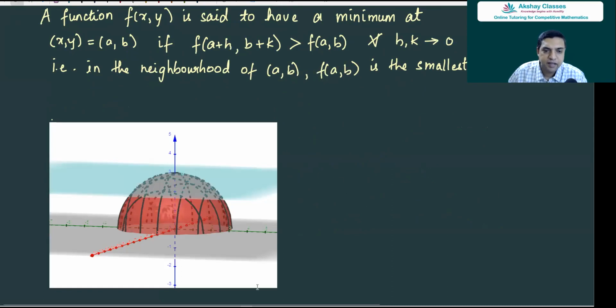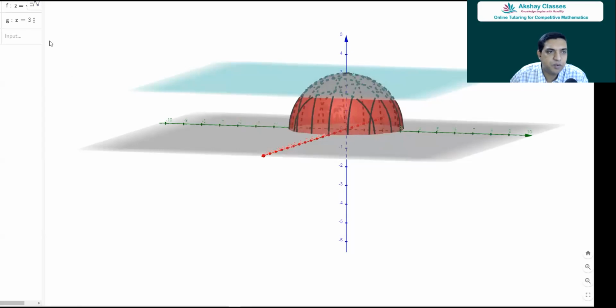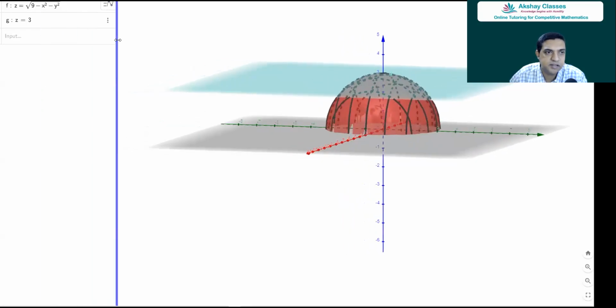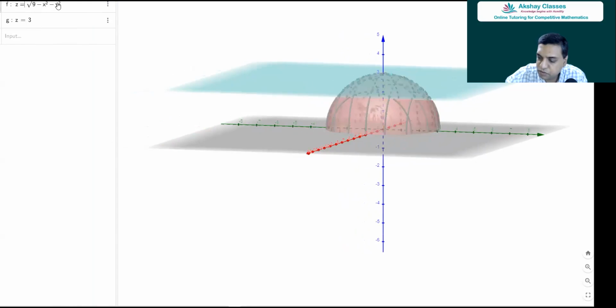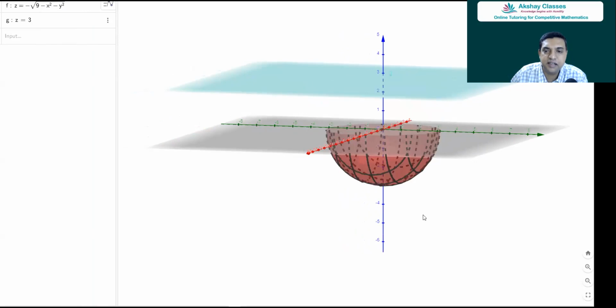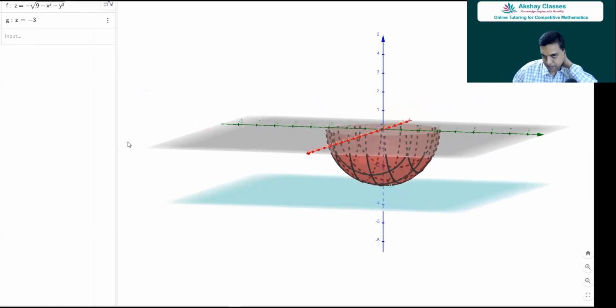Next, the same expression. Now I will do it another way. I will take z is equal to minus the square root. So this is the curve now. And let us change the plane.